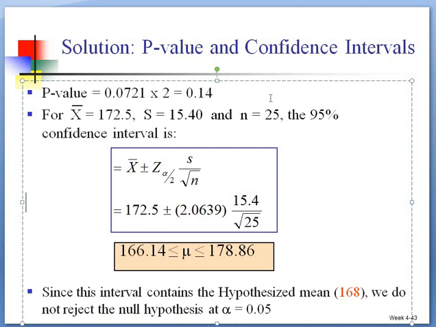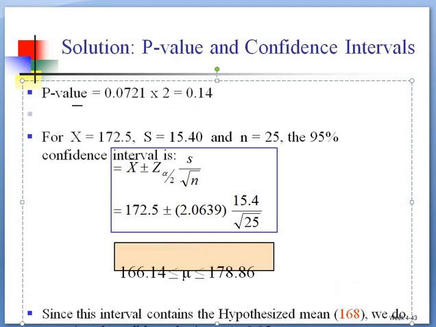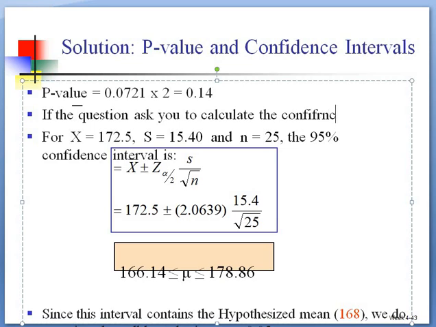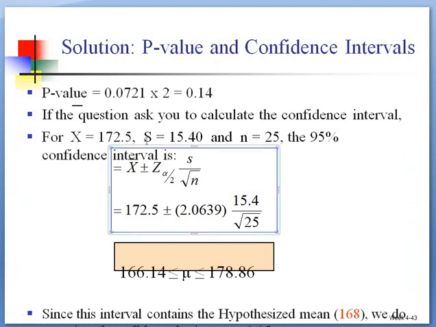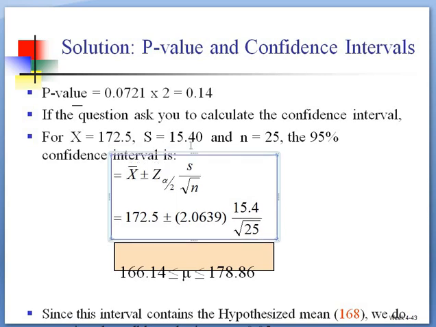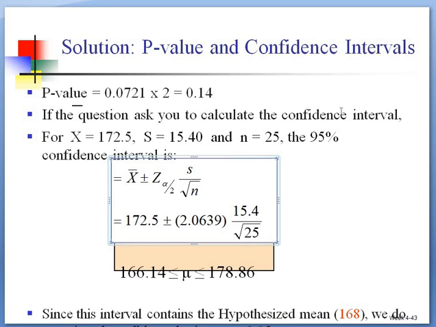Now, if the question asks us to calculate or compute the confidence interval, we can use this formula: x bar plus minus t alpha over 2 times the sample standard deviation divided by the square root of n.